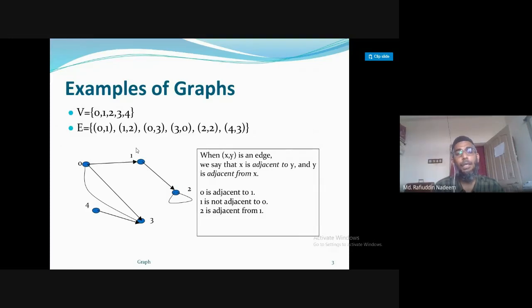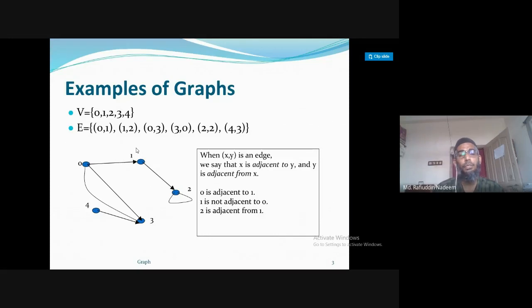When (x, y) is an edge, we can say that x is adjacent to y and y is adjacent from x. If there is an edge from x to y, then x is adjacent to y and y is adjacent from x. So from the example you can observe that 0 is adjacent to 1, and 1 is not adjacent to 0.